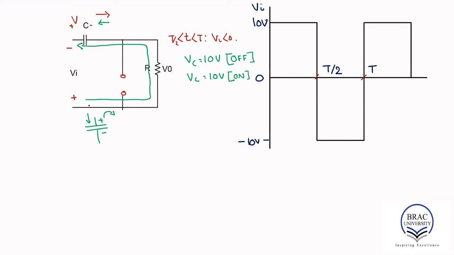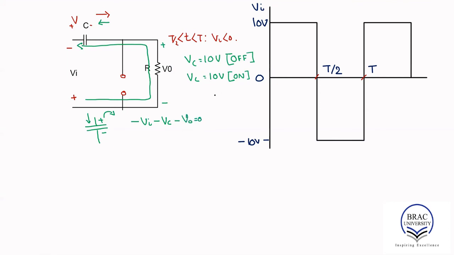All right. Now that the current is flowing through the resistor, there will be a voltage drop across the resistor. Let's say this voltage drop is V0, with the polarity like this. Now again, if we apply KVL, going from plus to minus: minus Vi, plus to minus, minus Vc, and plus to minus, minus V0 equals 0.